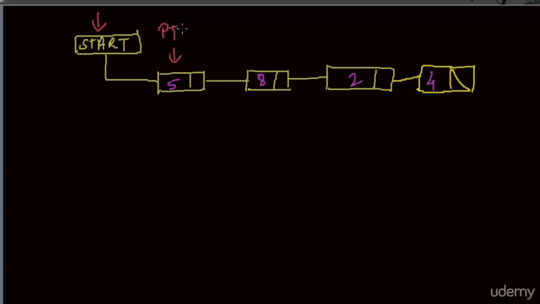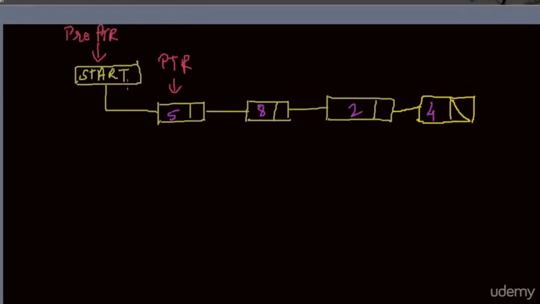So this is ptr and this would be pre-ptr. Now what we will do is traverse till ptr reaches here and pre-ptr reaches here. Once this is done, our task is simple. Let's try to understand.